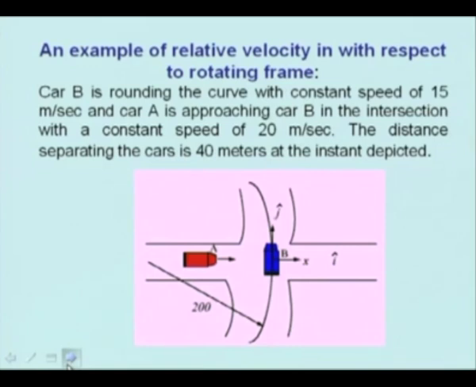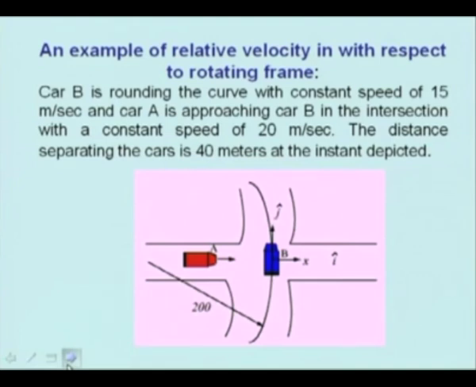Now, let us consider this problem. In this figure, there are two cars. The blue car is moving on a circular path whose radius of curvature is 200.